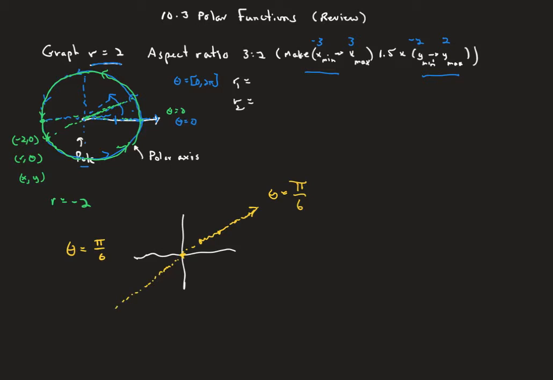And so theta equals pi/6 is just this line through the origin with a slope of whatever the tangent of pi/6 is. Okay, so what I'd like you to do is to first get some comfort and practice and review doing this on your calculator, and then I'm going to go on and we'll talk about what we need to be able to do by hand.